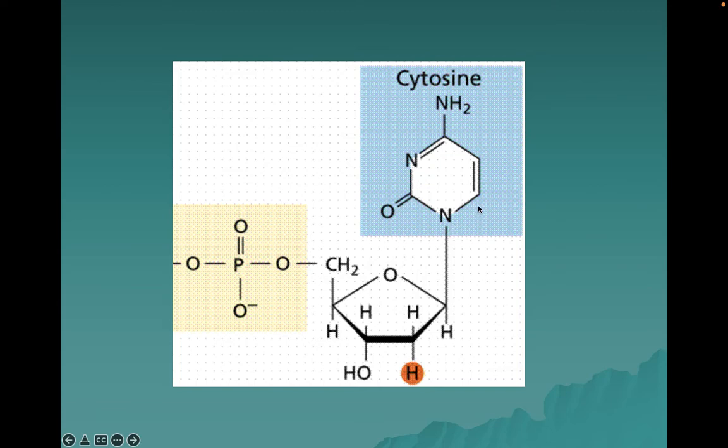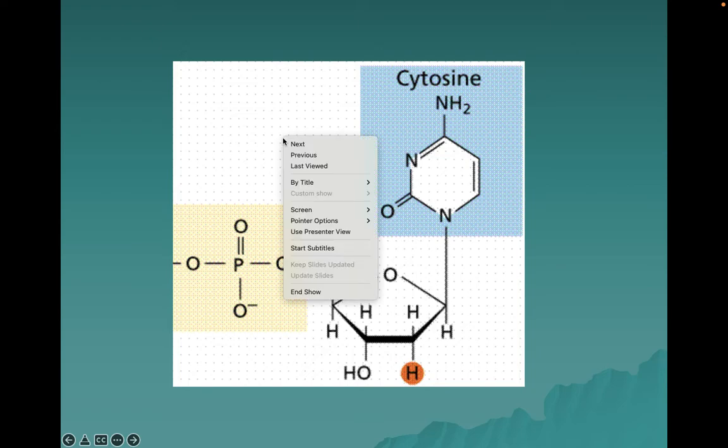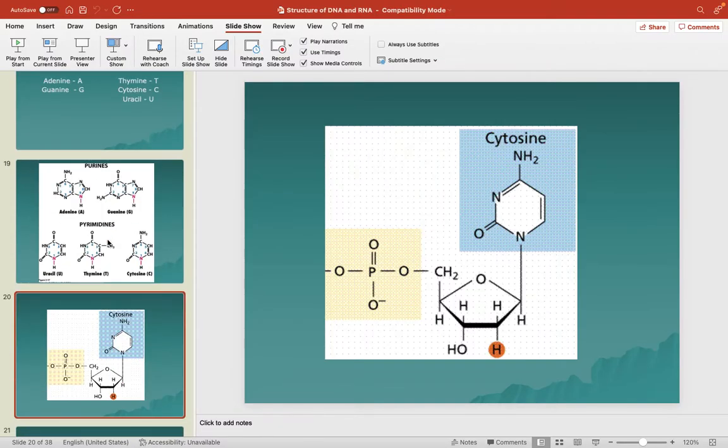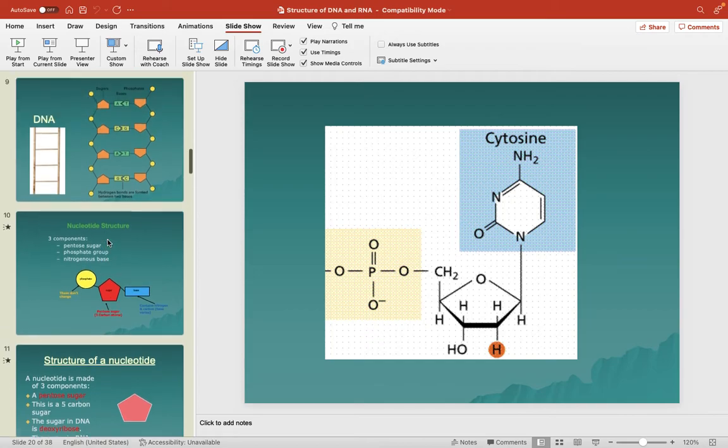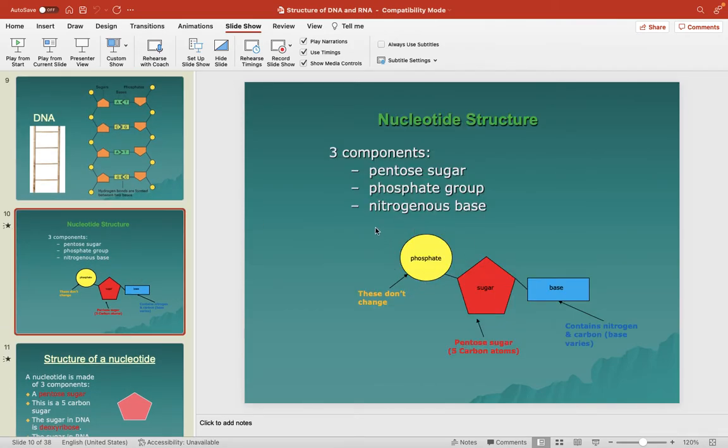And finally, this little molecule inside the blue box is one of the nitrogenous bases, cytosine. If you think back to what I was saying, a nucleotide contains a phosphate group, a pentose sugar, and a nitrogenous base, and so I can represent this structure by the simplified diagram which I showed you earlier. Phosphate, sugar, and base, that's what makes a nucleotide.